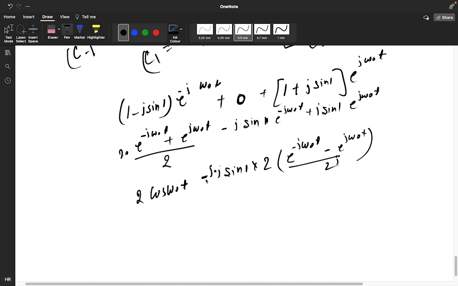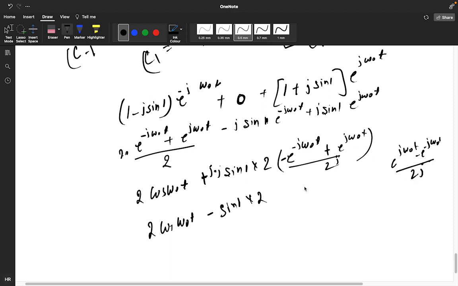Consider this as positive and this as negative. So 2 cos omega naught t, and I will get minus sine 1 j square into 2, and this is nothing but e power j omega naught t minus e power minus j omega naught t divided by 2j.